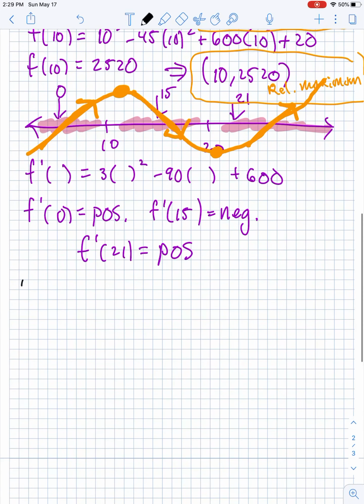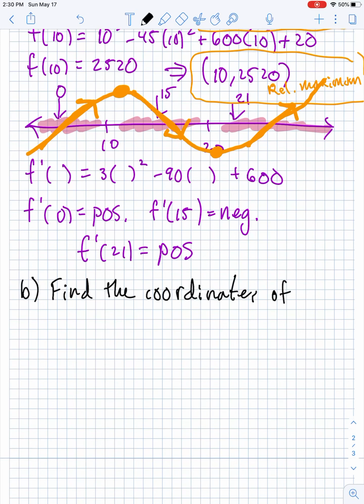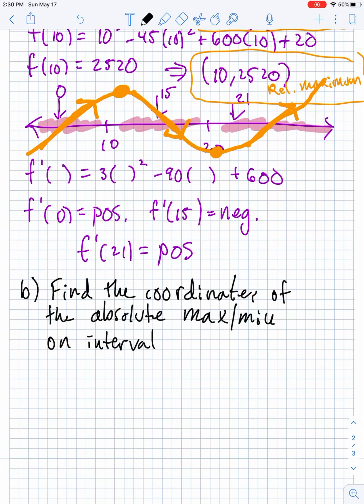So part B is find the coordinates of the absolute maximum and absolute minimum on the interval 0 to 30. So here's what's happening.